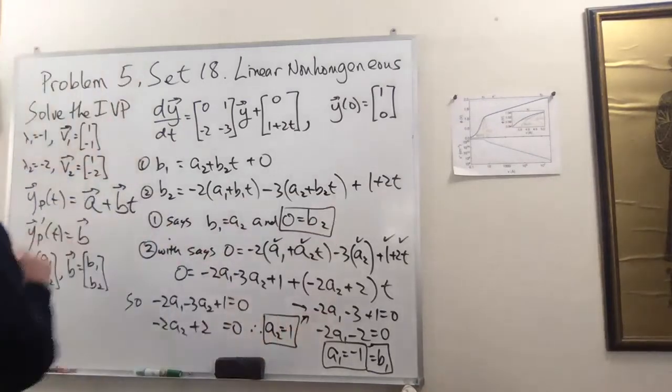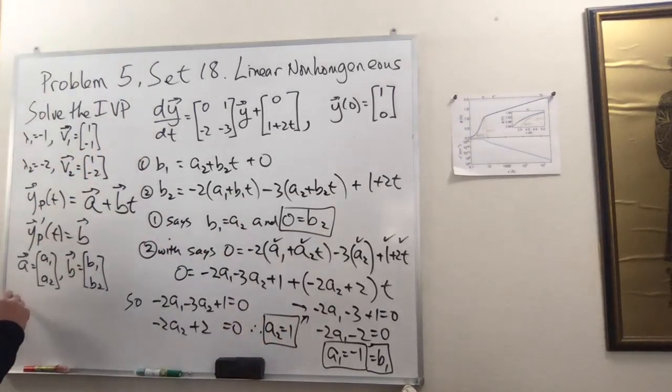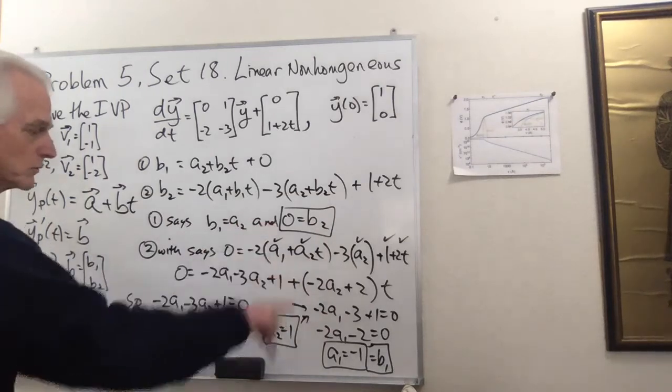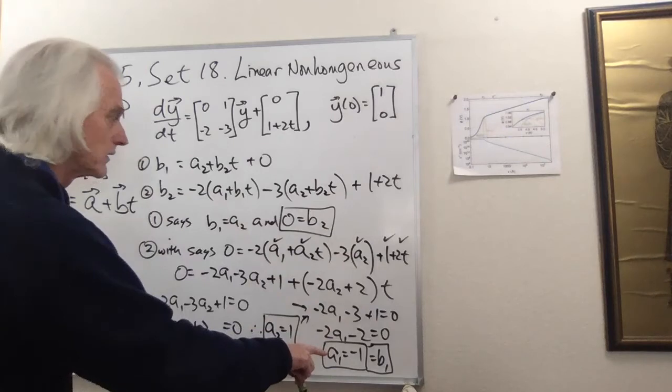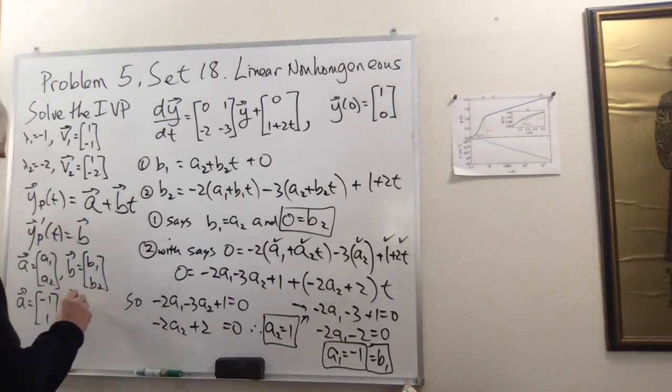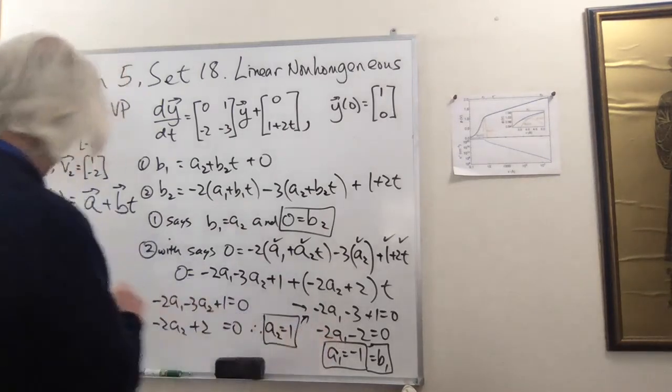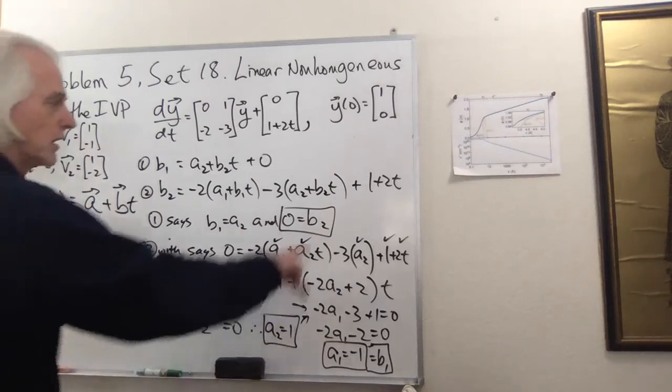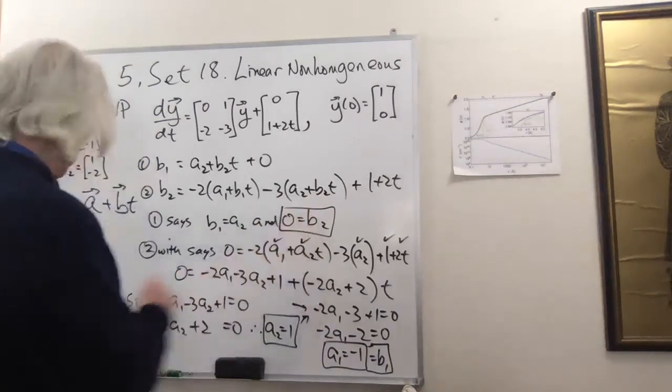All right, so now I'm ready to do this YP. A is actually A1, A2, which is -1, 1, and B is B1 is -1, B2 is 0.